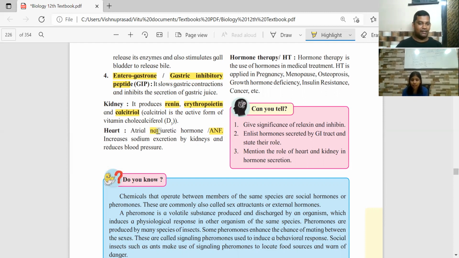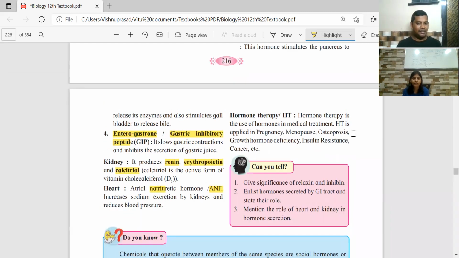Natriuretic: natri means natrium, that is sodium. It increases sodium excretion by the kidneys and also reduces the blood pressure. So this ANF is the hormone produced by the heart.